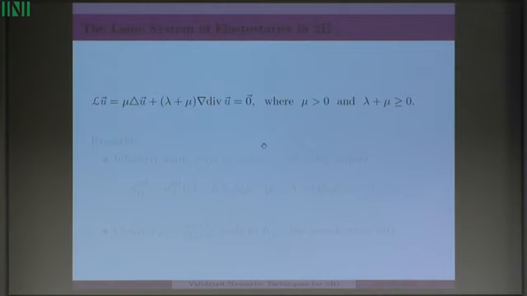I'm going to show a few pictures on the case of the Lamé system. Here is the Lamé system of elastostatics, and what I want to point out, which maybe some people are not aware of, is that for the Lamé system there are infinitely many double layer potential operators that one can consider, because there are infinitely many ways of writing the system as A^{αβ}_{ij} ∂_i ∂_j, with summation over repeated indices.